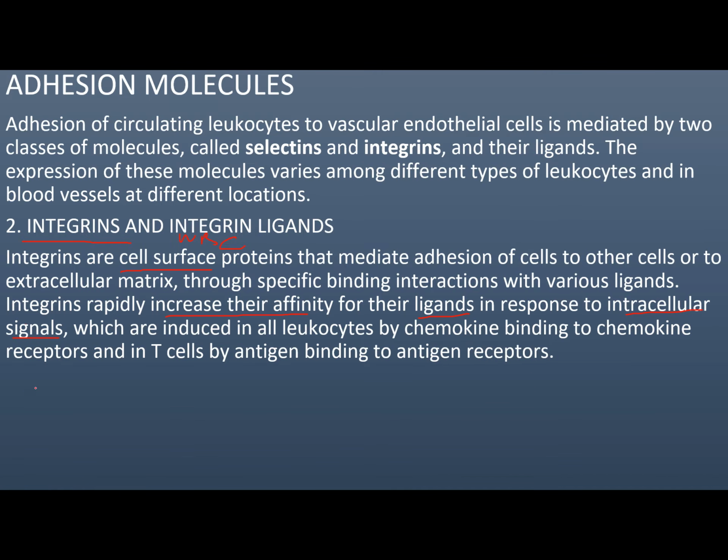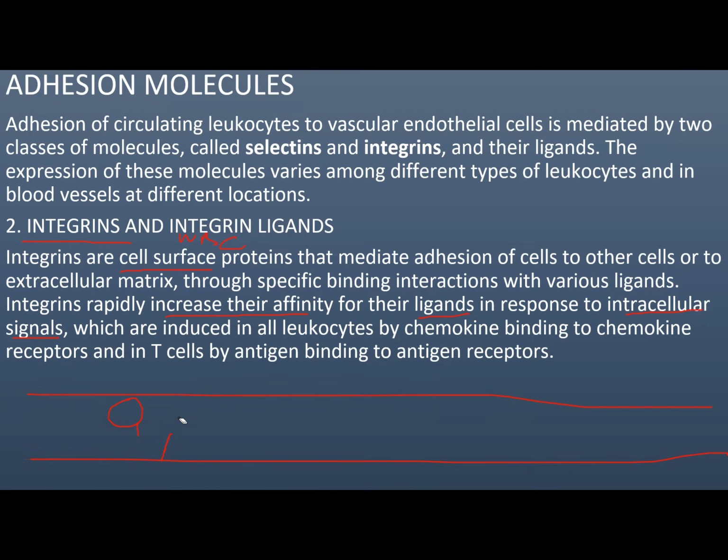Okay, for you to understand this, let's say here you would have your selectins and their corresponding ligands. Now, on the surface of certain WBCs, such as neutrophils, you would find integrins. What happens is that these integrins would roll and attach with their corresponding ligands.